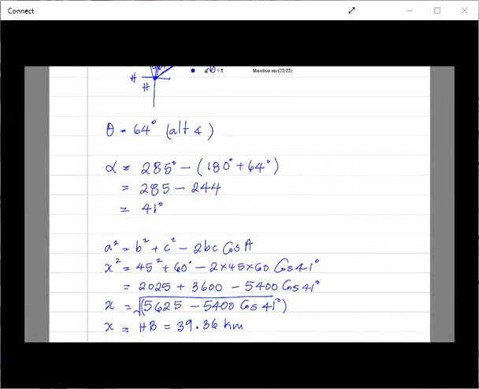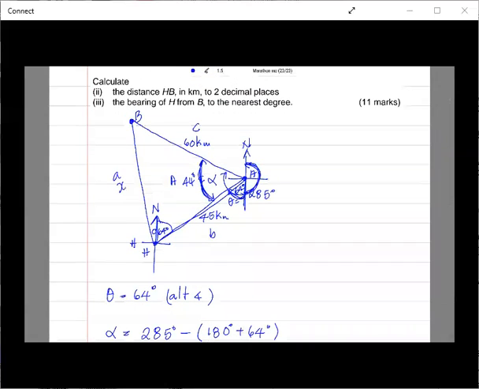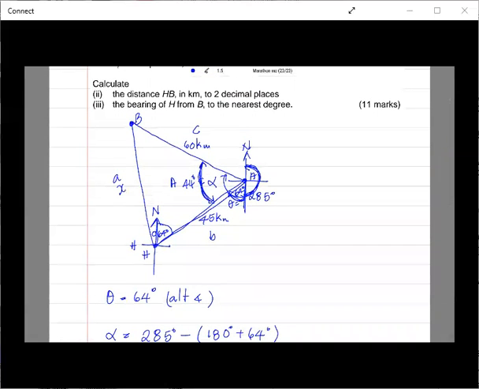Let's go back up now to the last part of the question. The last thing we're asked to find is to determine the bearing of H from B. At B, I need to draw my north-south line.